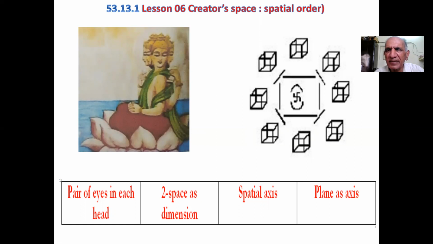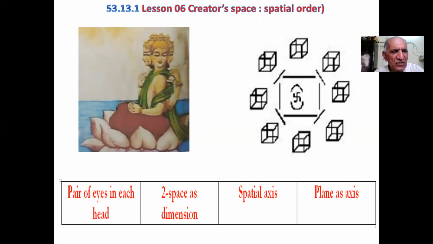It is like viewing the world with a single eye or viewing the same with a pair of eyes. Lord Brahma, creator the supreme, is a four-headed Lord. Each head of Lord Brahma is equipped with a pair of eyes. Parallel to it is the spatial axis of four space.